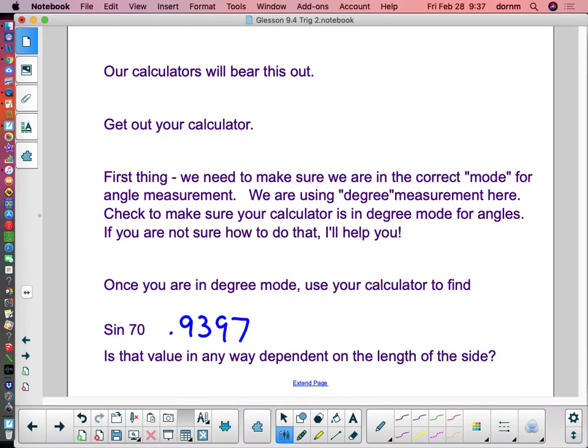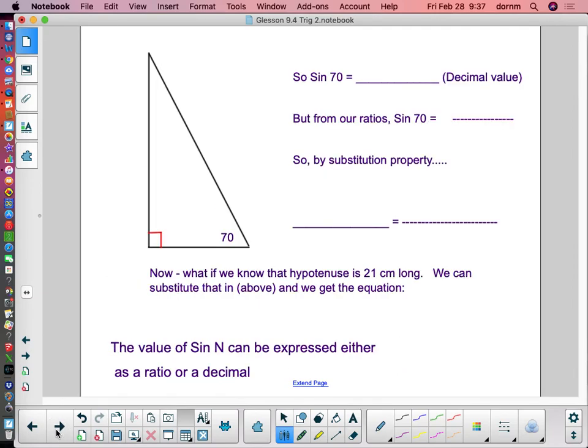That's what's going on. Okay? So we just got that sine 70 is 0.9397.